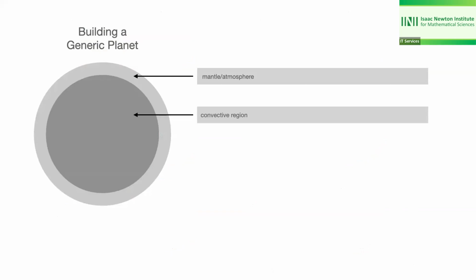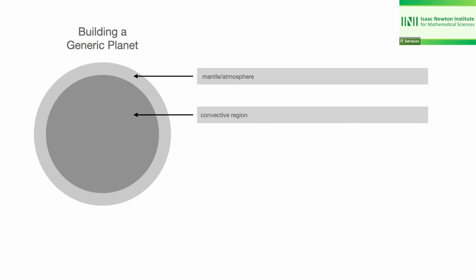So how can we go about explaining some of these differences between the planets? Well, the planets no doubt differ in structure. Those with a magnetic field undoubtedly have a convecting, electrically conducting region in their interior.